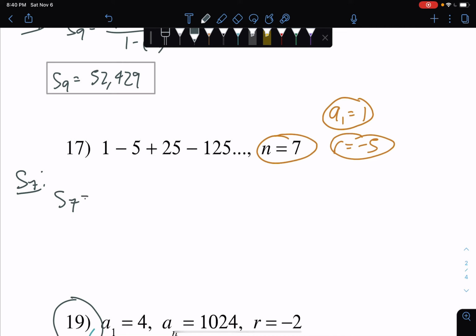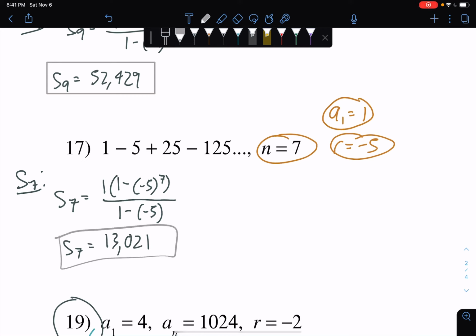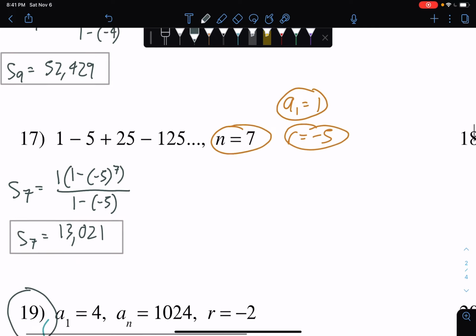S sub 7 is equal to a sub 1 times the quantity 1 minus r raised to 7 divided by 1 minus r. S sub 7 therefore is equivalent to 13,021. Alright, let's move to number 18.